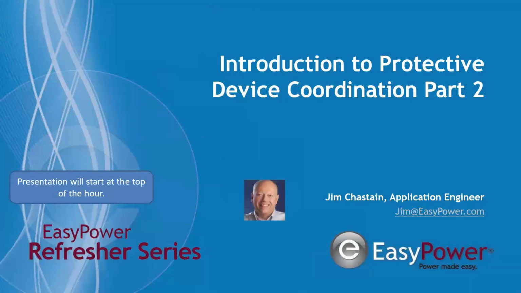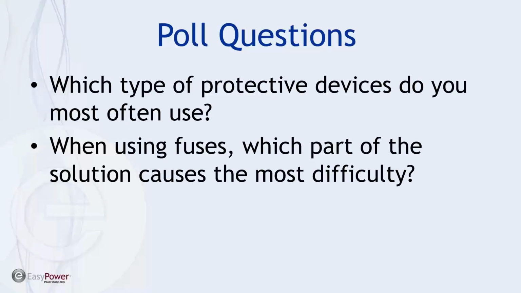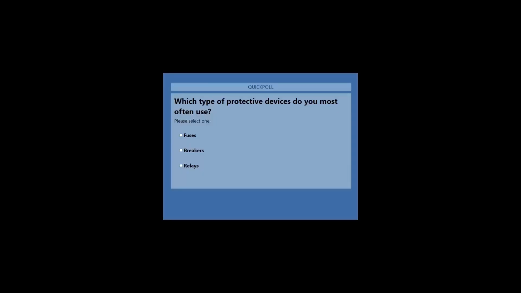And as we are in the habit of doing, I'd like to start with a poll question, and we appreciate your participation and feedback. So the first question is, which type of protective devices do you most often use? This is just a broad assessment of your preference, or the type of devices you use most frequently.